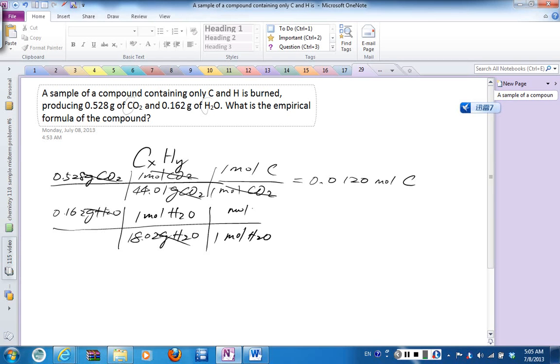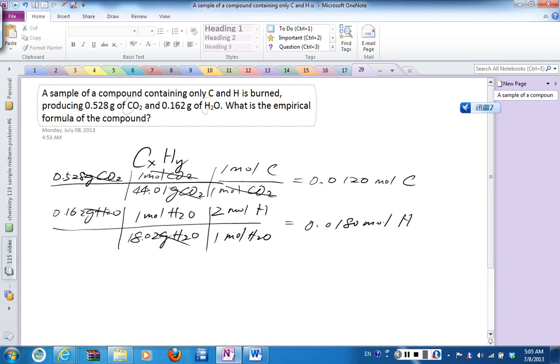We want moles of hydrogen. Now, watch out. Don't forget that little subscript. 1 mole of water has 2 moles of hydrogen in it. Alright, so that's going to give us the number that we need, which is 0.0180 mole of hydrogen.